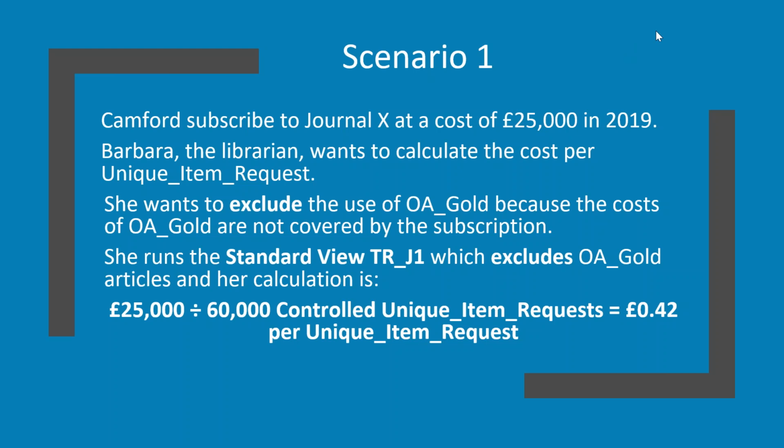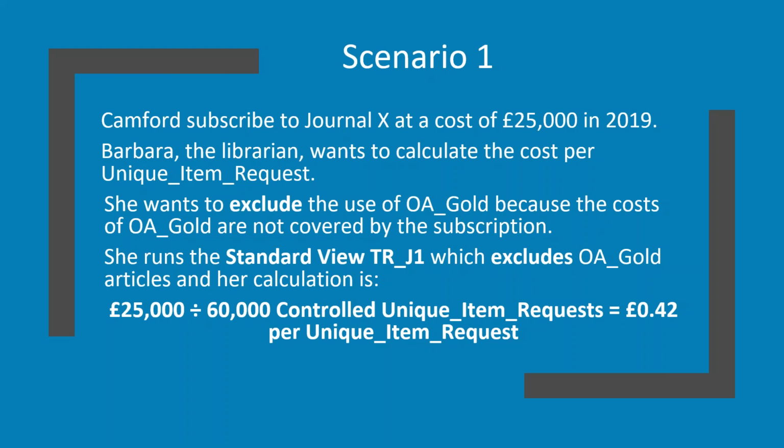And a very quick way that you can do that is just by taking the standard view, which is called TRJ1. And TRJ1 is the standard view Counter report which has already excluded the OA Gold. So you don't have to do anything. You have just got the usage statistics for controlled use there.